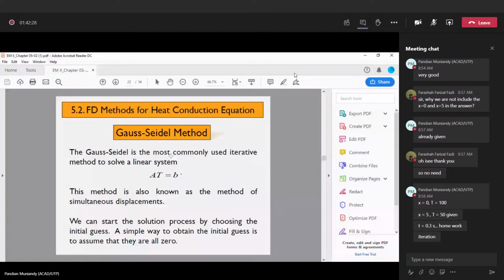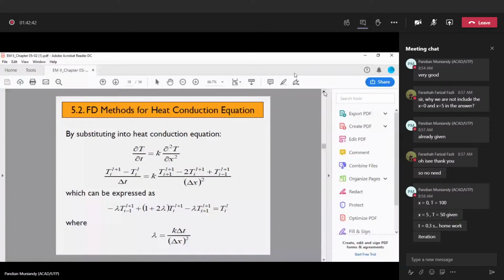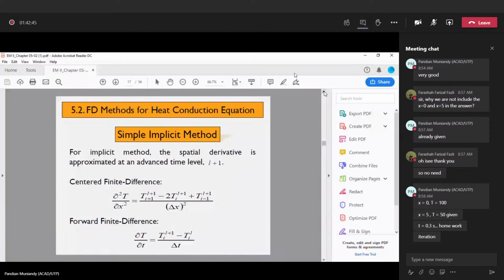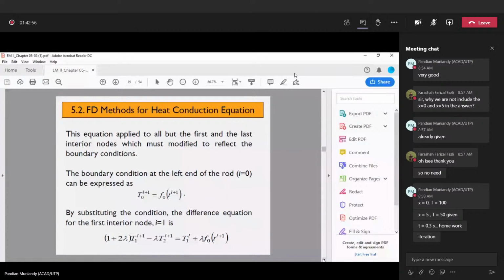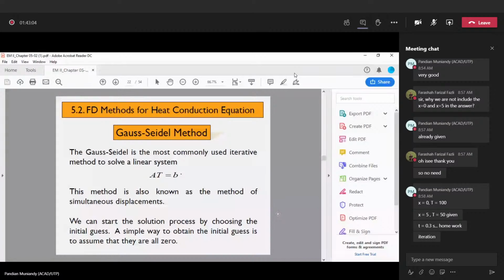So Gauss-Seidel is what we call a sub-method. This is the framework, class. When they say implicit, write down: the implicit method is to construct the system of linear equations. That is all. That is the job of the implicit method. But to solve the system of linear equations, we must use the Gauss-Seidel method.